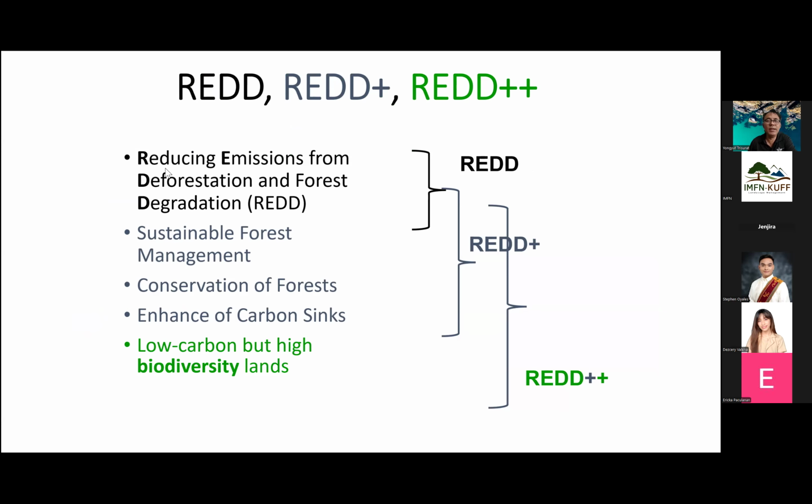So you can see the evolution. So the first one is the REDD, reduction of emission from deforestation and forest degradation. This one only to promote reforestation and plantation. And second one, REDD plus. So they indicate the conservation of forest and to enhance the carbon sink.